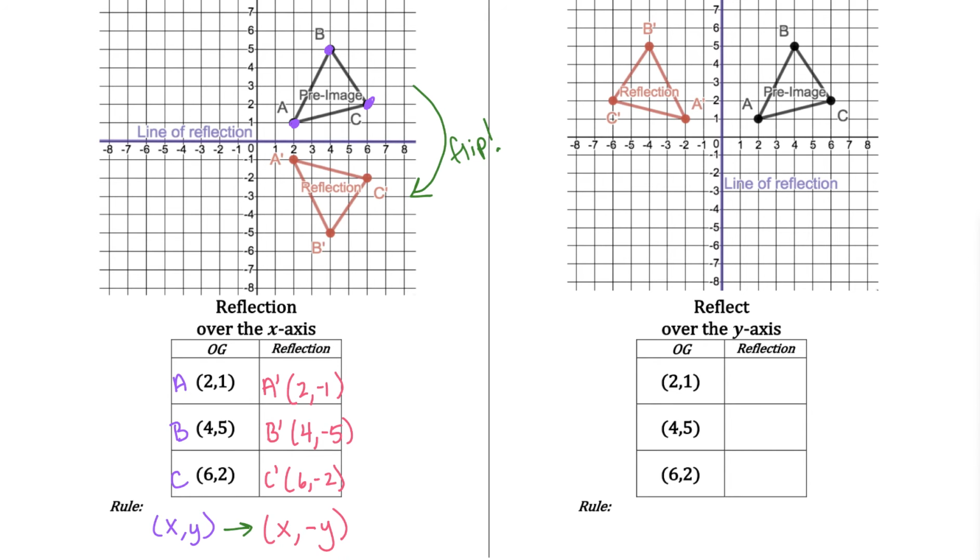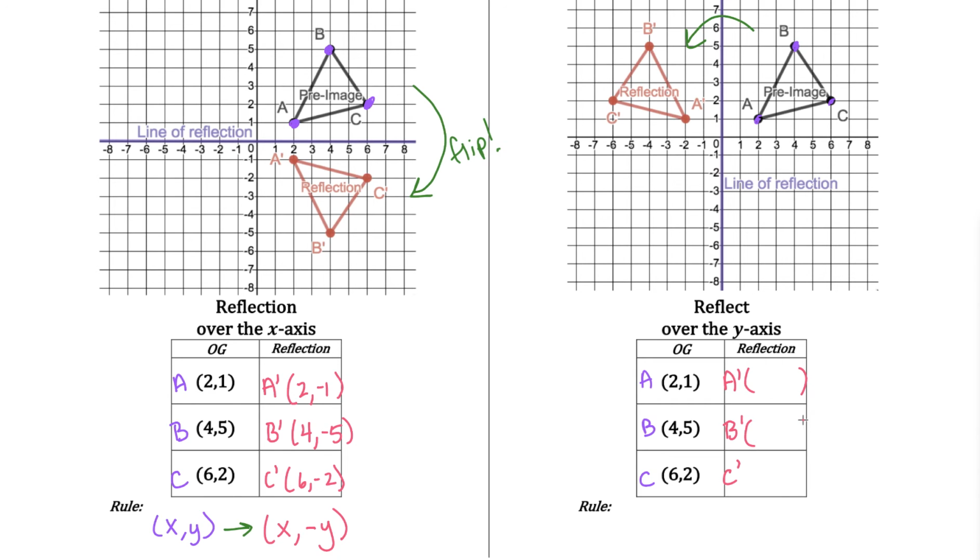Okay, so let's do it again. So here's my pre-image, A, B, C. Same shape, ABC. And this time we're flipping it across the y-axis, and we get A prime, B prime, C prime.